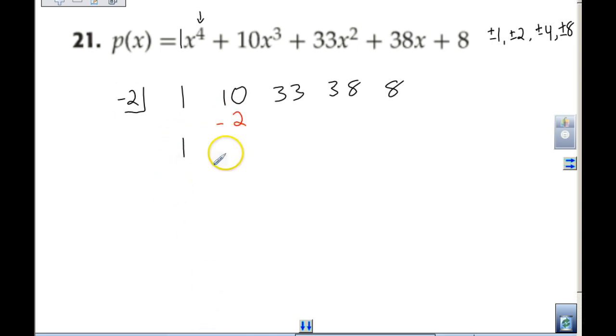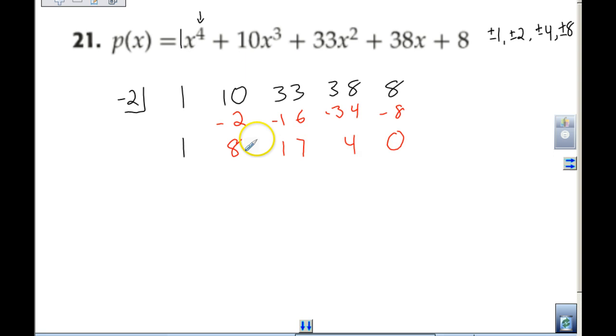So we have -2 gives us 8. -2 times 8 gives us -16. And that'll give us a, let's see here, 17. Okay. -2 times 17 is -34. There we get 4. And lastly, we end up with -8.